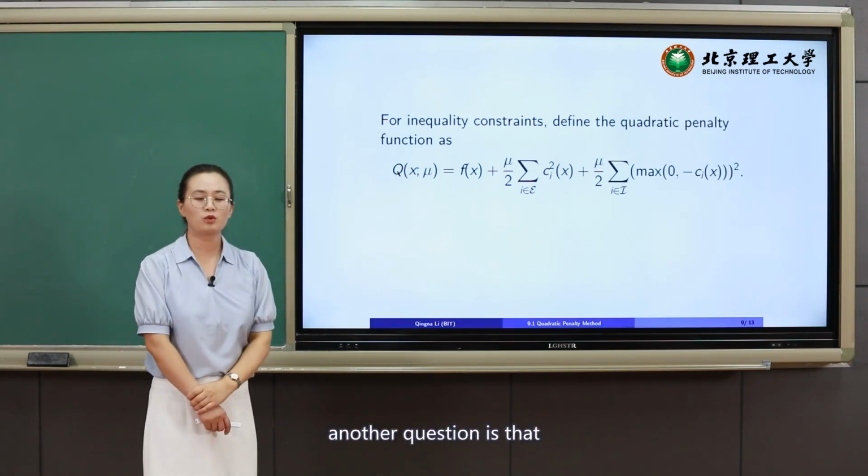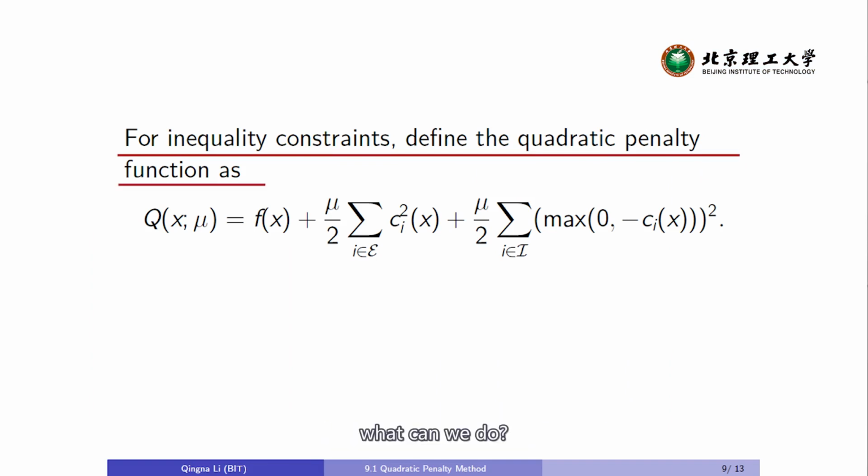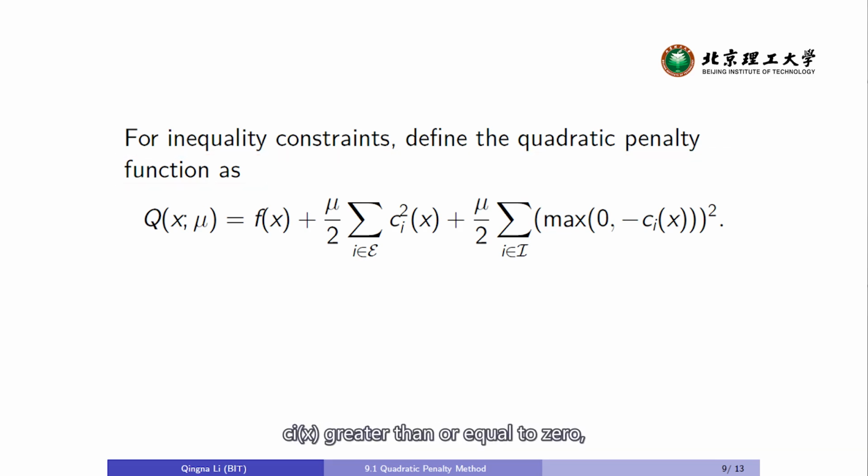Now, another question is: for inequality constraints, what kind of quadratic penalty function can we use? The inequality constraints basically mean that if we have feasible solutions, c_i(x) greater than or equal to 0, then we will not penalize the problem. If it is smaller than 0, then we need some penalty.